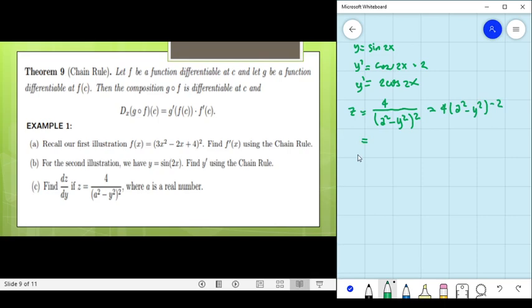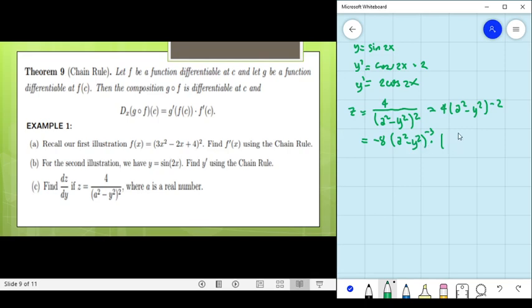So, multiplying: first, negative 2 times 4 becomes negative 8 quantity a squared minus y squared to the negative 3, because we subtract 1 from the exponent, times the derivative of the inside.